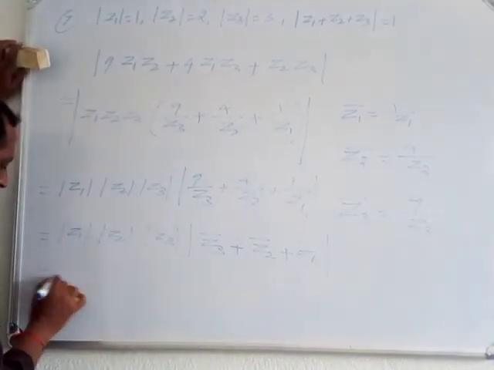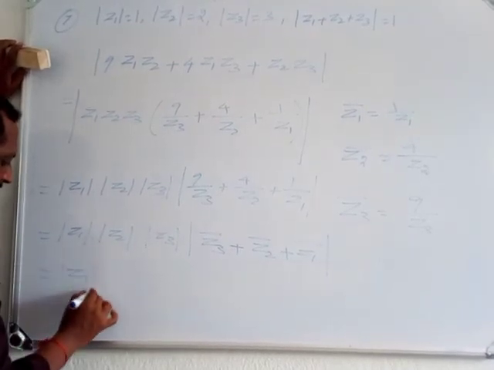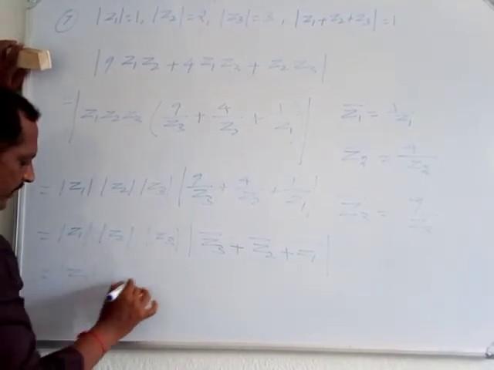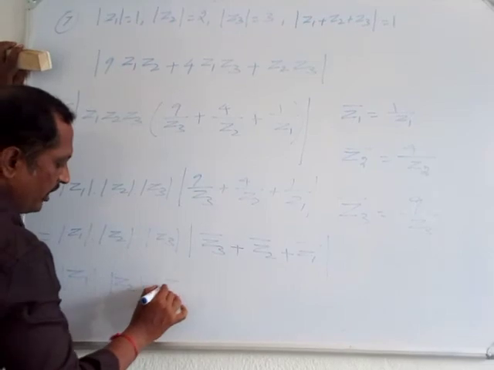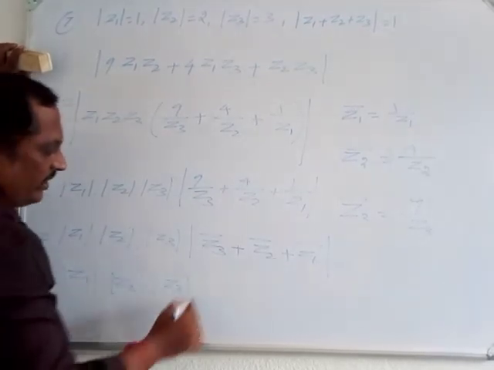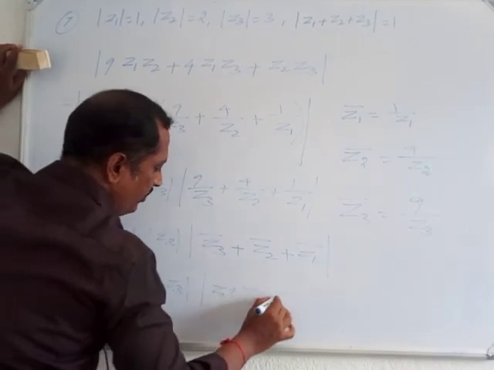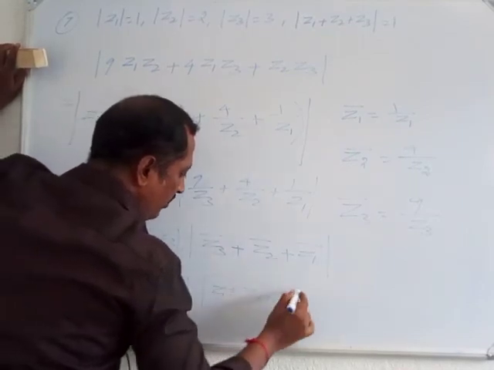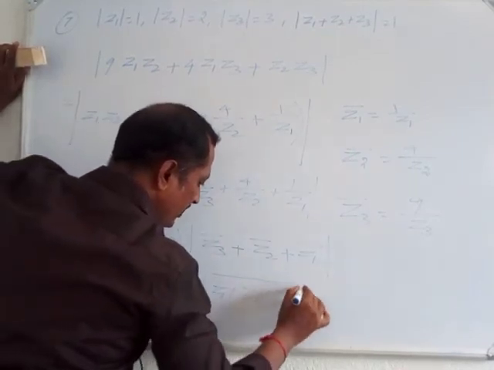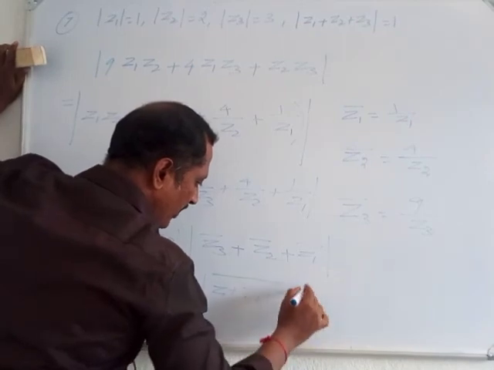So this can be written as modulus of z1 into modulus of z2 into modulus of z3 into modulus of z1 plus z2 plus z3, the whole bar.